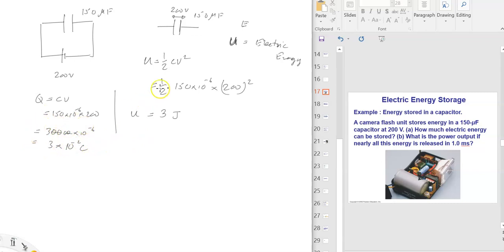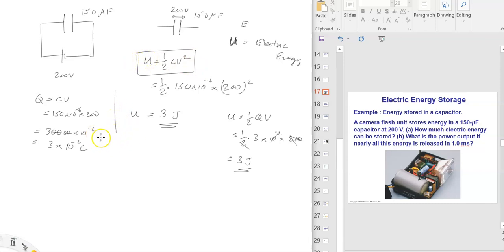So if I want to use any of the other equations, for example, energy equals half QV, half times 3 times 10 to the negative 2 multiplied by 200, gives me 3 joules. It gives me the same answer. If I use the other equation, half Q squared over C, I should get the same answer, right? So you can use any of the equations. Based on the information you have, you can select which one to use.